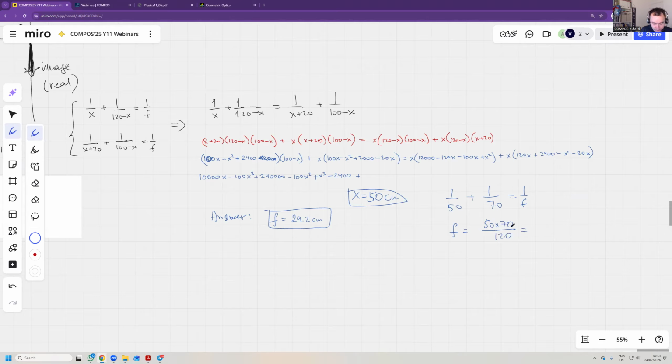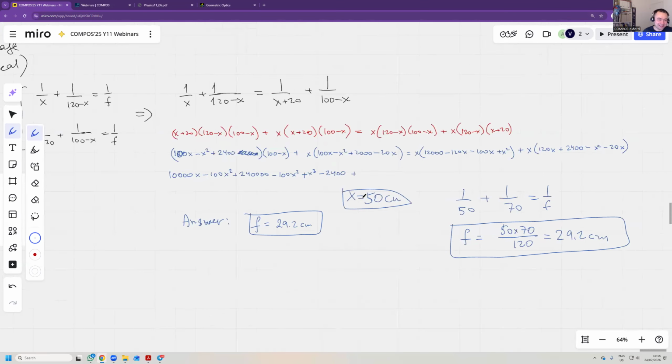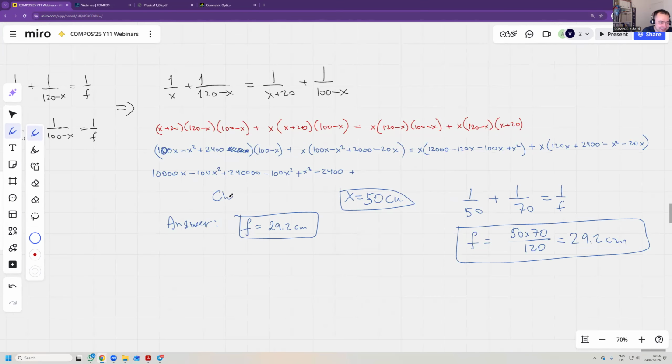And that's 29.2, yay! 29.2, brilliant. It did manage to do it. Solved by ChatGPT, and it's 50. Wow, that's impressive.